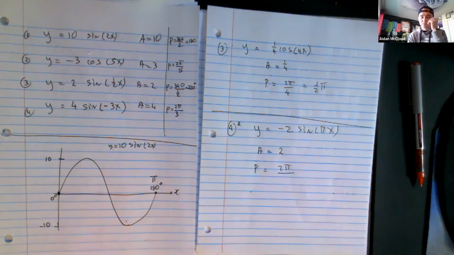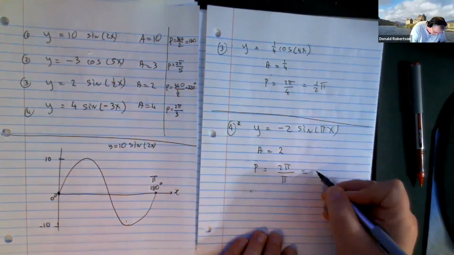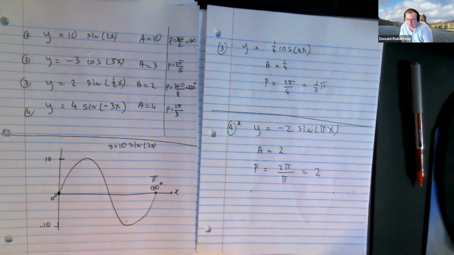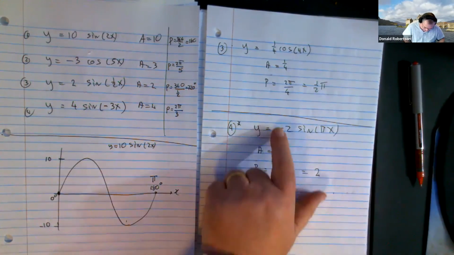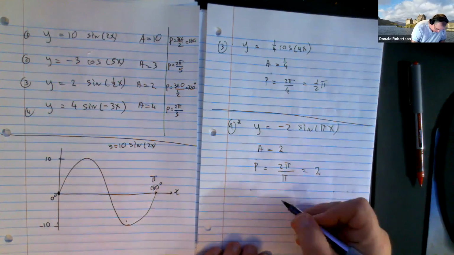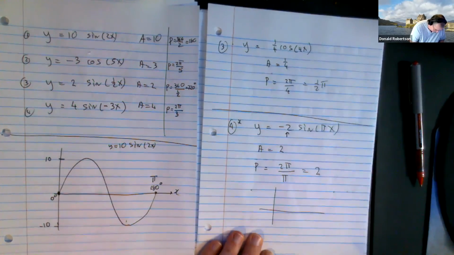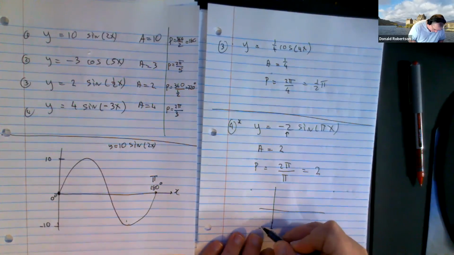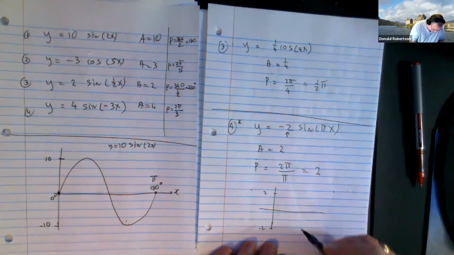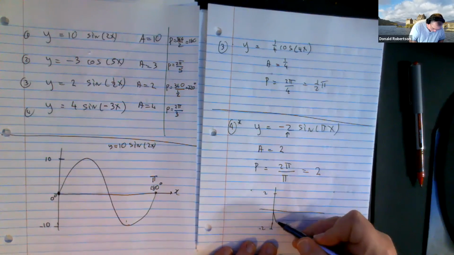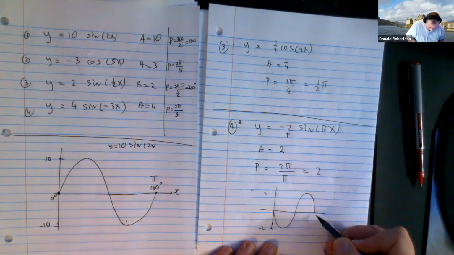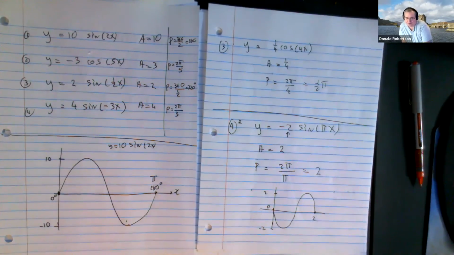Pi. So in this case, doesn't the period come out as a nice number? In fact, if I wanted to sketch that without Desmos, I would be saying to myself, turn me upside down. Right? So the amplitude is 2 to negative 2, but instead of going up, turn me upside down. And wouldn't that guy be 2?